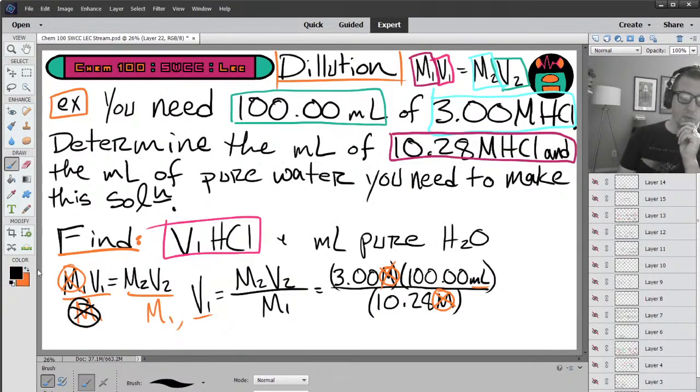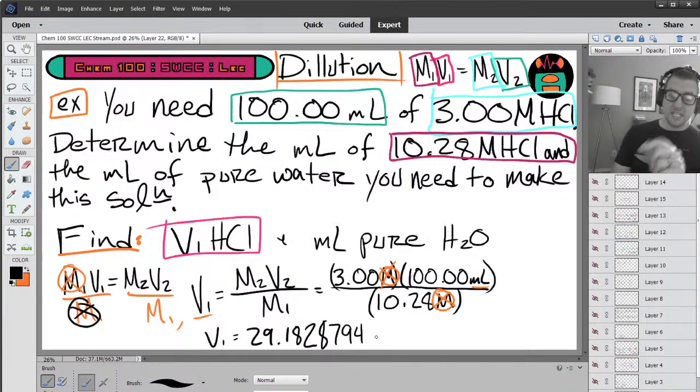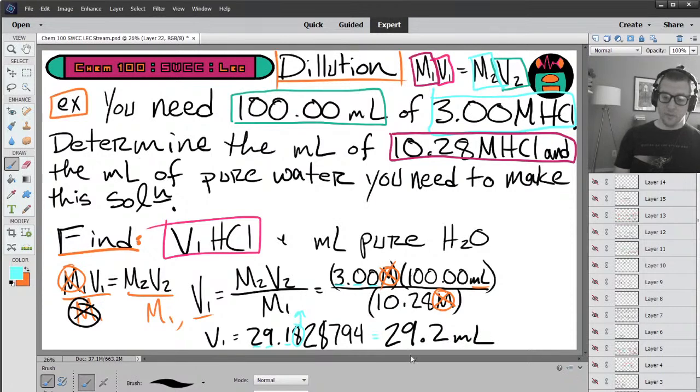This gives us a value of 29.1828794. Sig figs wise, we can keep a maximum of 3 because our initial molarity has the most. This 8 is going to round up. So our volume of acid is 29.2 milliliters. That is our V1.